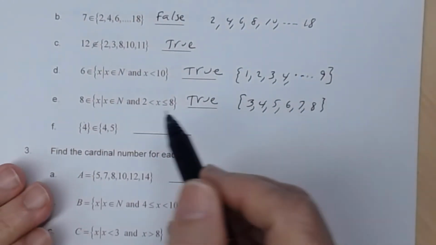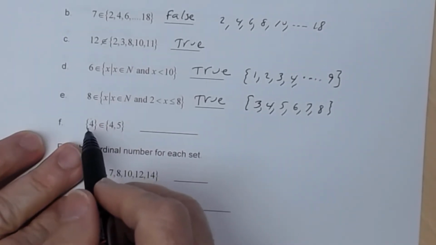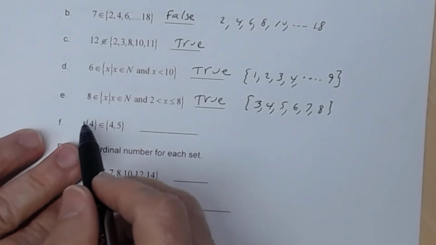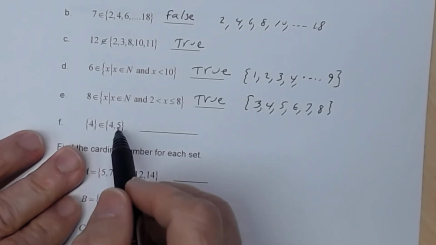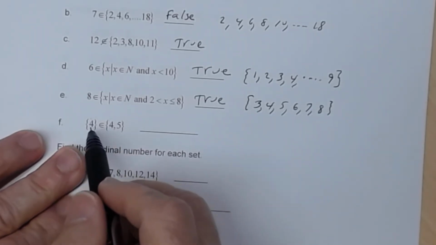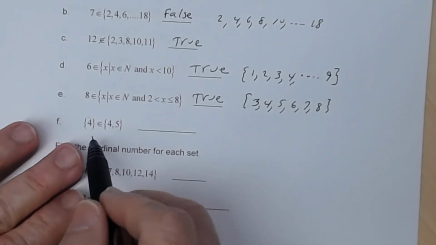Okay, now be careful with this one, because notice that this has a brace, or it's inside of a set. So that's asking, is this set an element of this set? Okay, so is this set an element of this set? That's where it gets a little confusing for some of you.